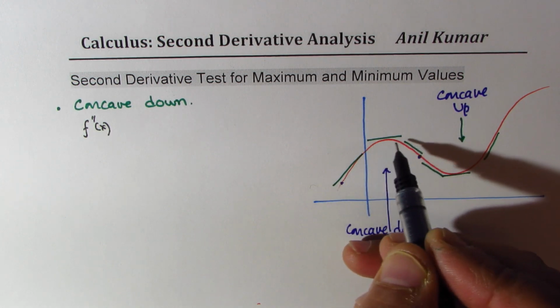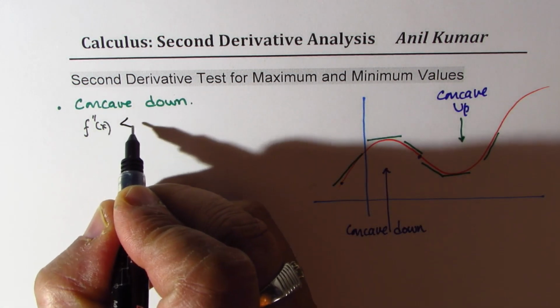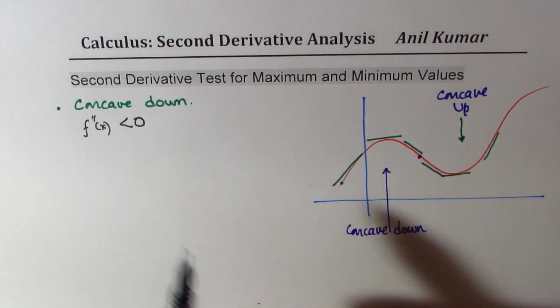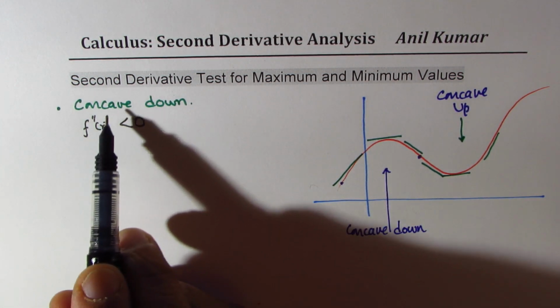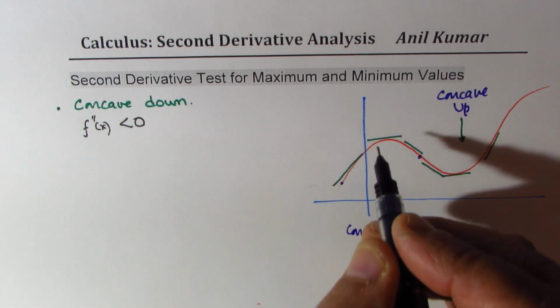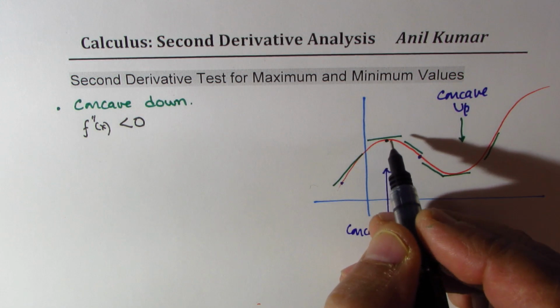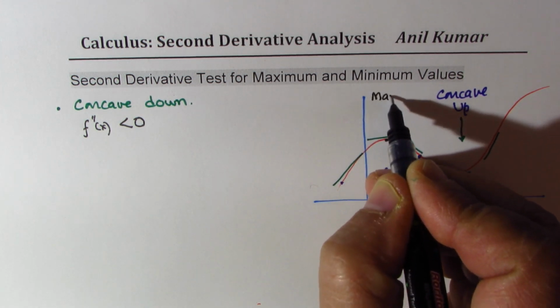It's going from positive to 0 to negative. Now, in this portion, when it is concave down, we also see one maximum point. So it goes over a hill. So you notice a maximum point here.